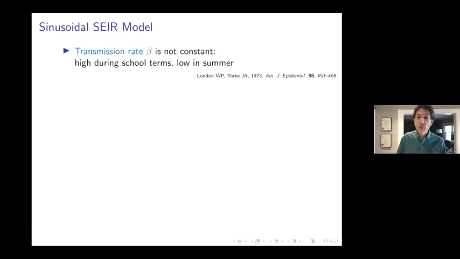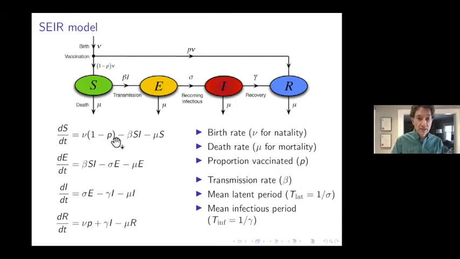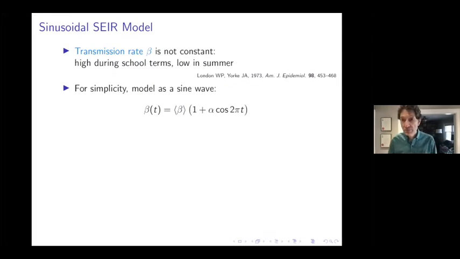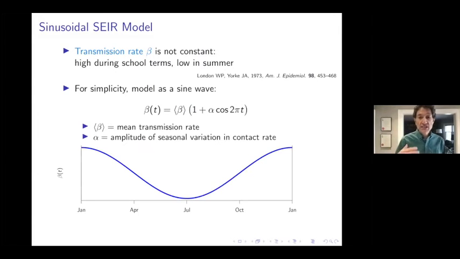So a simple way to model that is to replace the constant transmission rate, so that's the beta here in the equations, with a sinusoidal oscillation. Okay, so that's a simple way to incorporate, at least conceptually, the idea of seasonal change in the contact rate due to aggregation in schools.